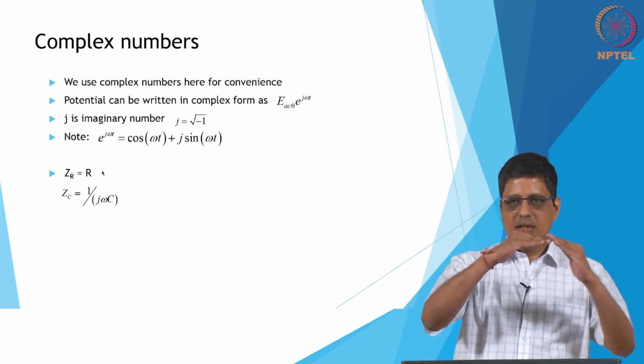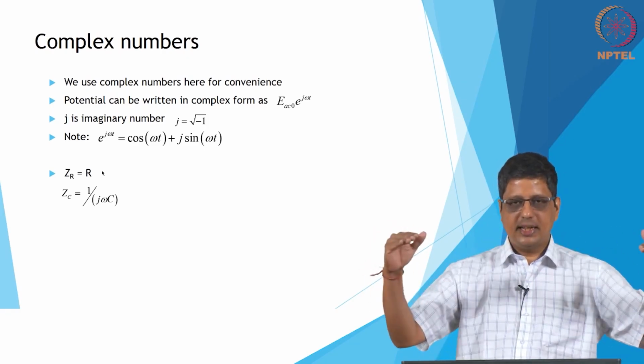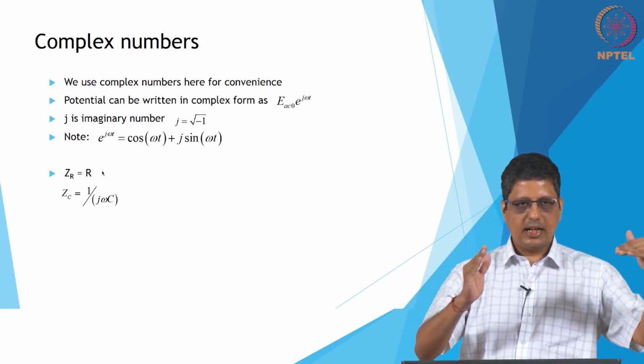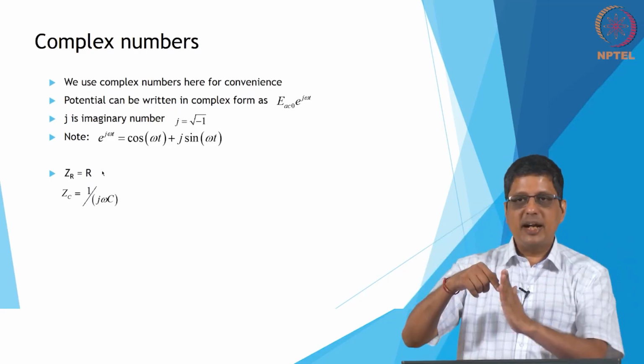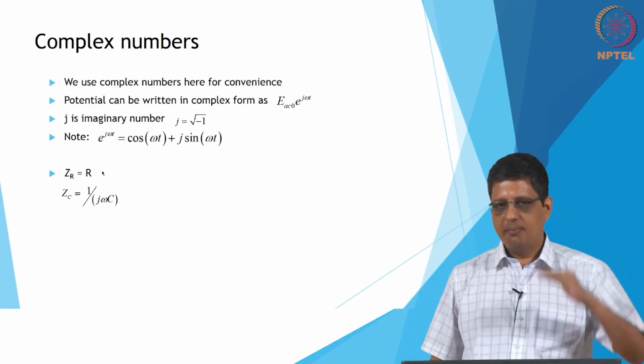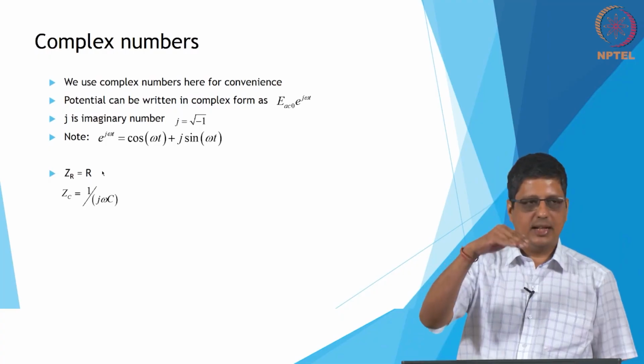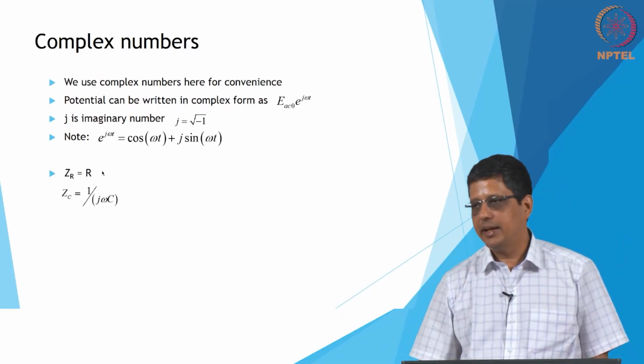Now, if you visualize in the complex plane, you will draw the x axis here, y axis here, this is the real part, this is the imaginary part. Minus j means it is minus 90 degrees, plus j means it is going to be above this real axis, plus 90 degrees.